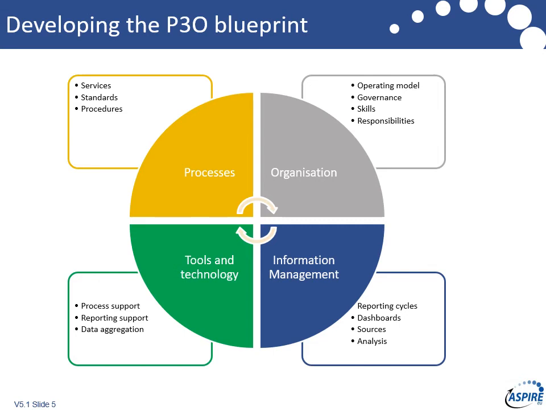And once we've done that, we can think about our tools and technology. So you don't start by saying we're going to have a reporting tool. You start by saying what information will we need and what will we report against. We've got to think about how these tools link to process support, how they will fit with a reporting cycle and enable reporting. Far too many of them seem to be obstructions to reporting.